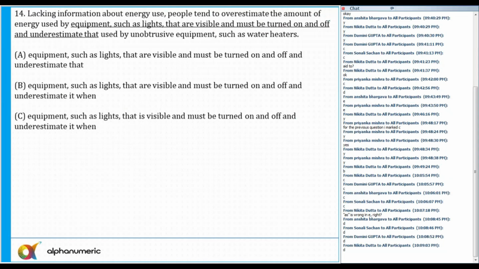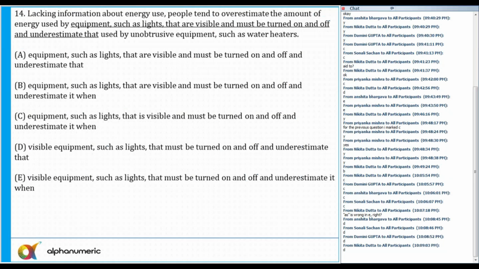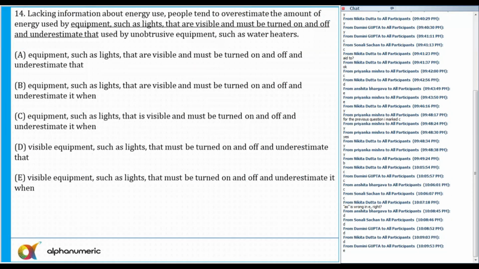Then we're coming to the next, 14. Lacking information about energy use, people tend to overestimate the amount of energy used by equipment such as lights that are visible and must be turned on and off, and underestimate that.